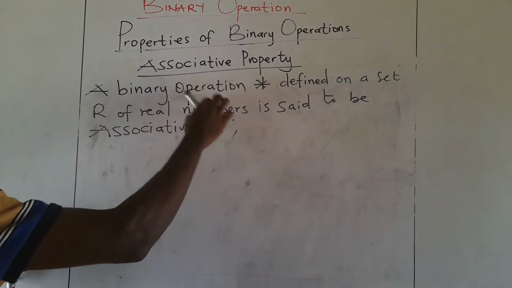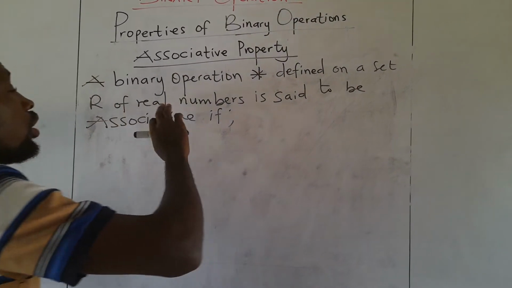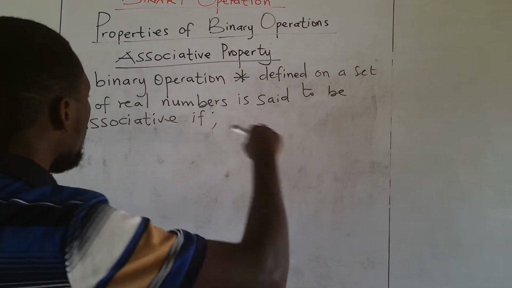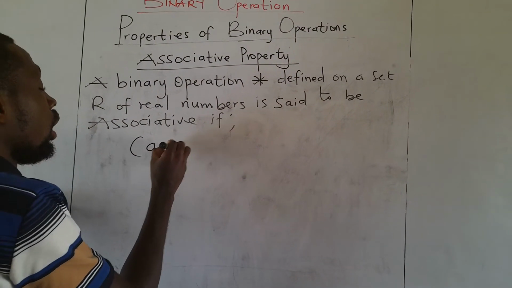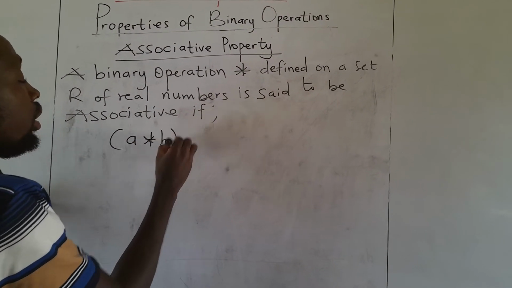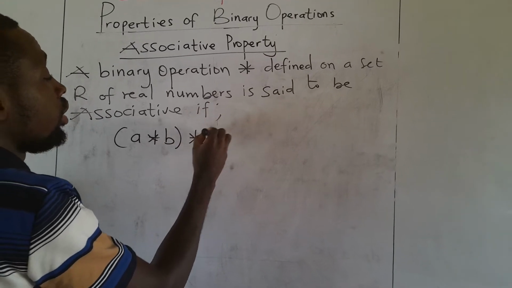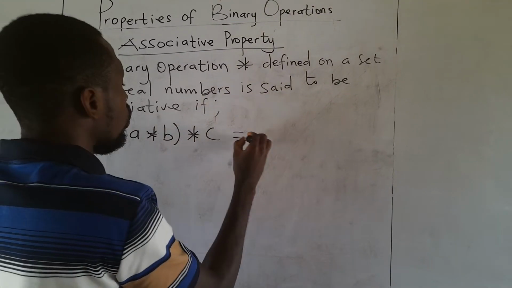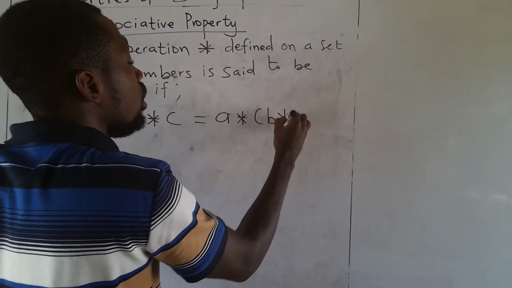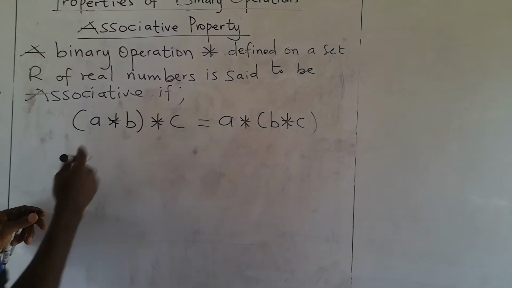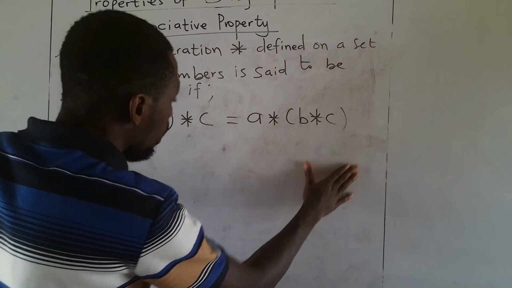So we say a binary operation defined on a set of real numbers is said to be associative if (A star B) star C is equal to A star (B star C), where A, B are in the bracket and the B, C are also in the bracket.